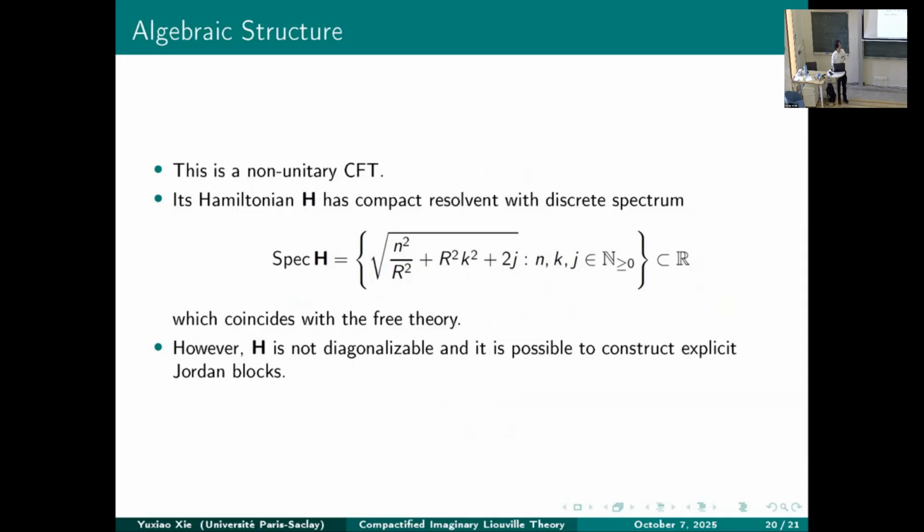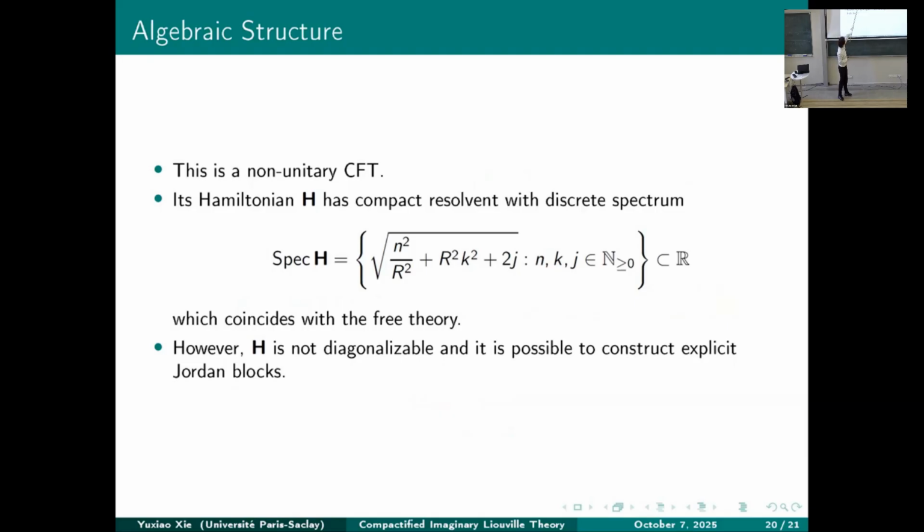Okay, so about the algebraic structure, as I said, this is a non-unitary CFT, and the advantage of the Segal approach is that you can have explicit Hilbert spaces with explicit representations of all your Virasoro operators as unbounded operators acting on your Hilbert space. So you can have an explicit formula for the Hamiltonian, for example, which corresponds to the L0 in the Virasoro representation.